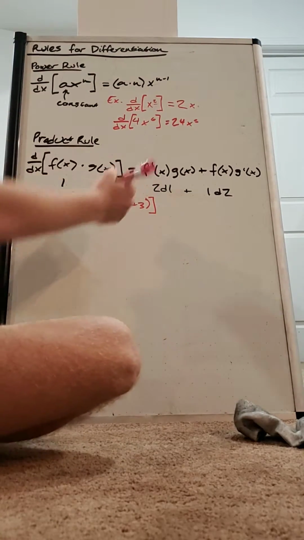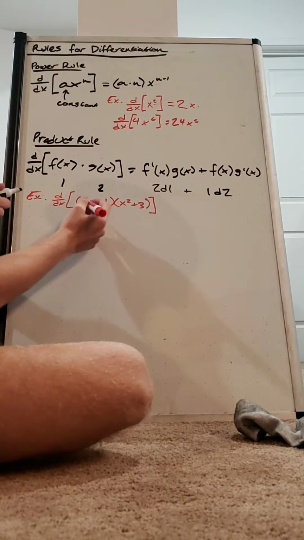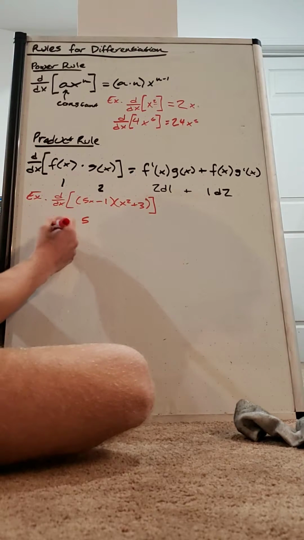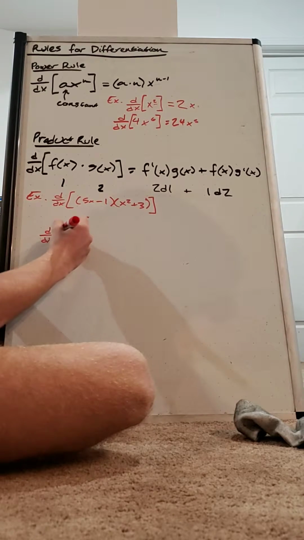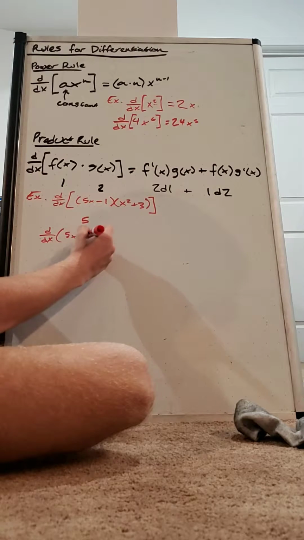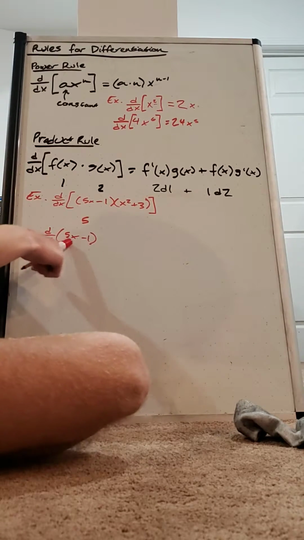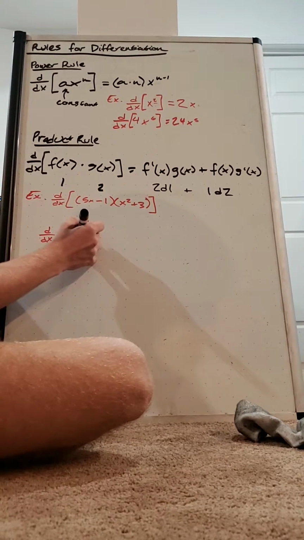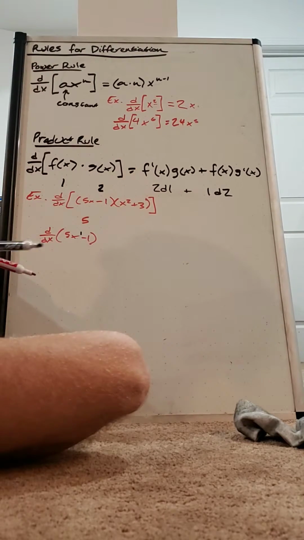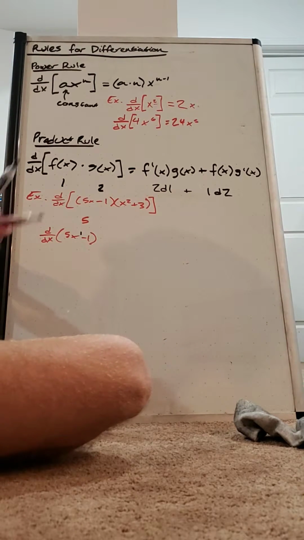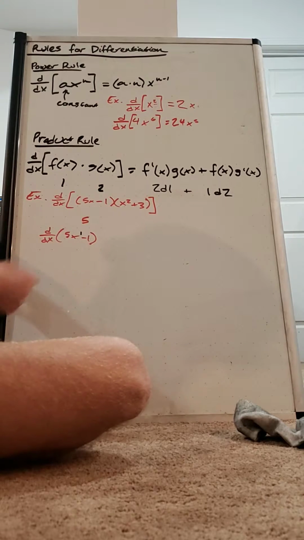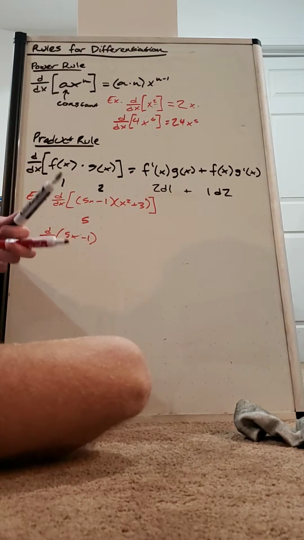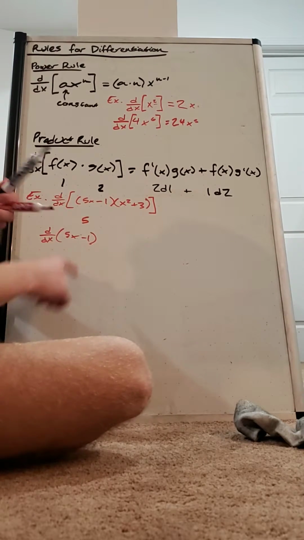We take the derivative of the first one, which would be 5, because the derivative of 5x is just 5, because this is really 5x to the 1. If we apply the power rule, you multiply the 1 and the 5, so you get 5, and then subtract 1 from the existing exponent, which will give you 0. So that'll be 5x to the 0 power, and anything to the 0 is 1, so that's just 5.